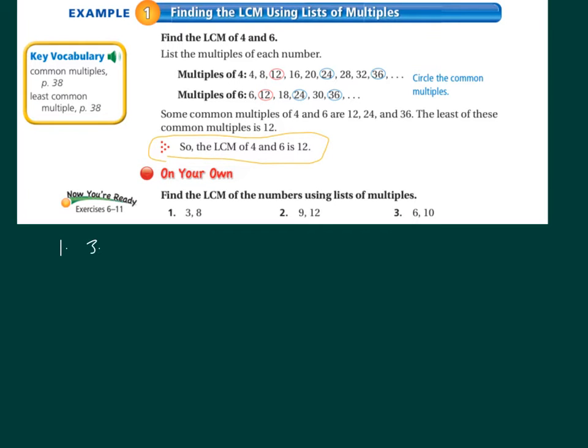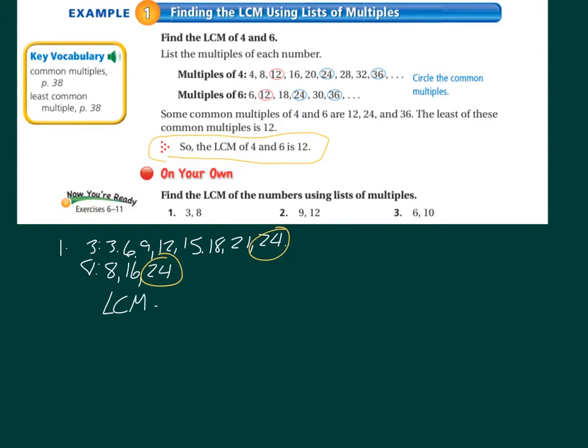If we do 3, we're going to say 3, 6, 9, 12, 15, 18, 21, 24, and we can keep going if we need to, but if we list out 8s, we can see we have 8, 16, and 24. So we see that we have a common multiple, 24. Once we see that we have that common multiple, we can go ahead and stop. So you should get LCM is equal to 24.